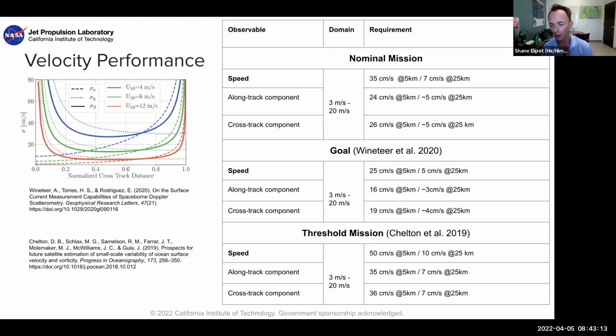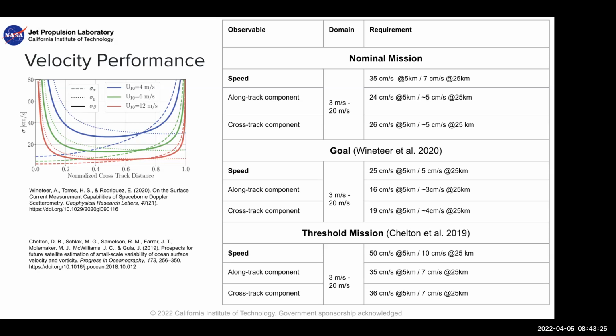I have a follow-up question. Should we expect correlation in the uncertainty between winds and currents? No. That's one of the great things about using completely different measurements. The winds use the backscatter cross-section, which is the power, and the currents use the phase.